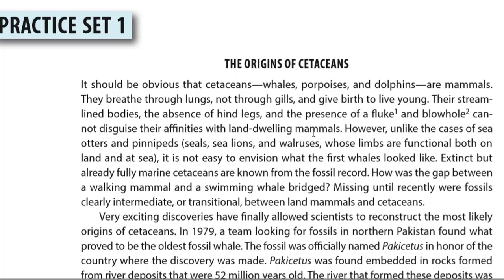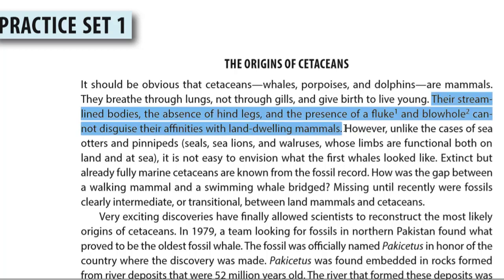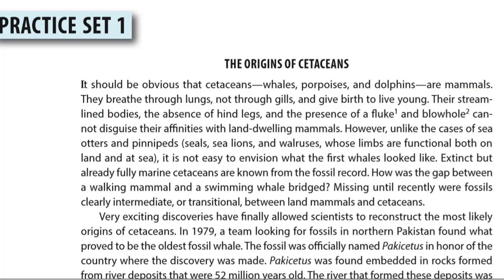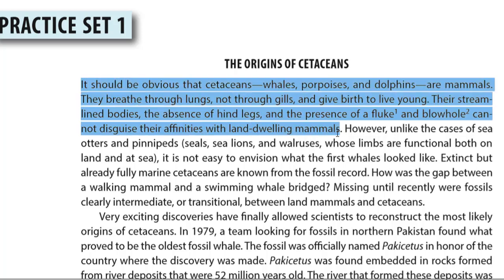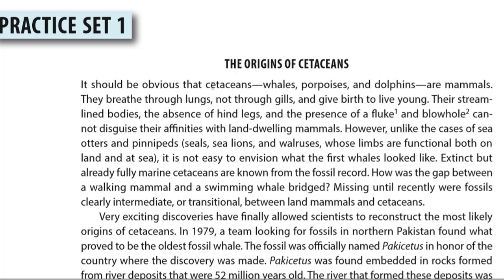I did not understand them, but according to what I read here, the author is trying to make a comparison between creatures in the ocean and land-dwelling mammals. Okay, that's enough. We had a small idea about the paragraph. We also tried to understand the meaning of cetaceans.